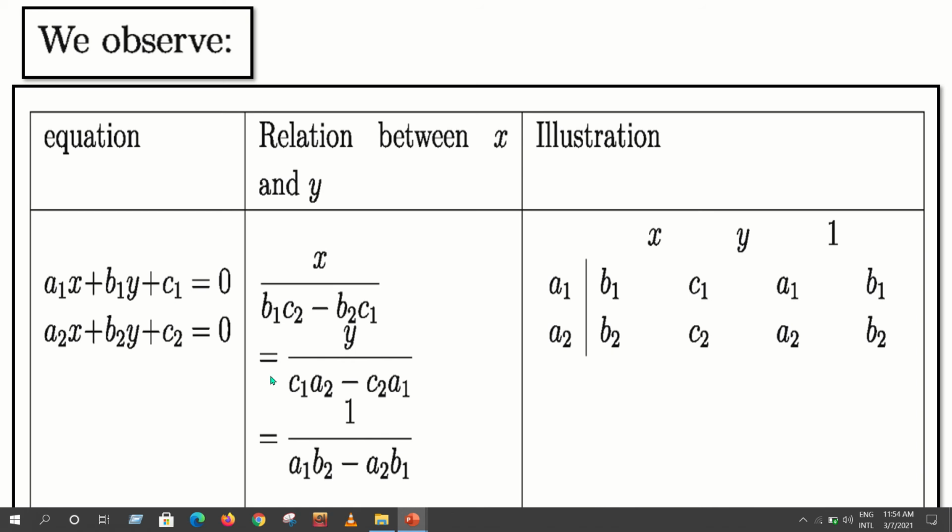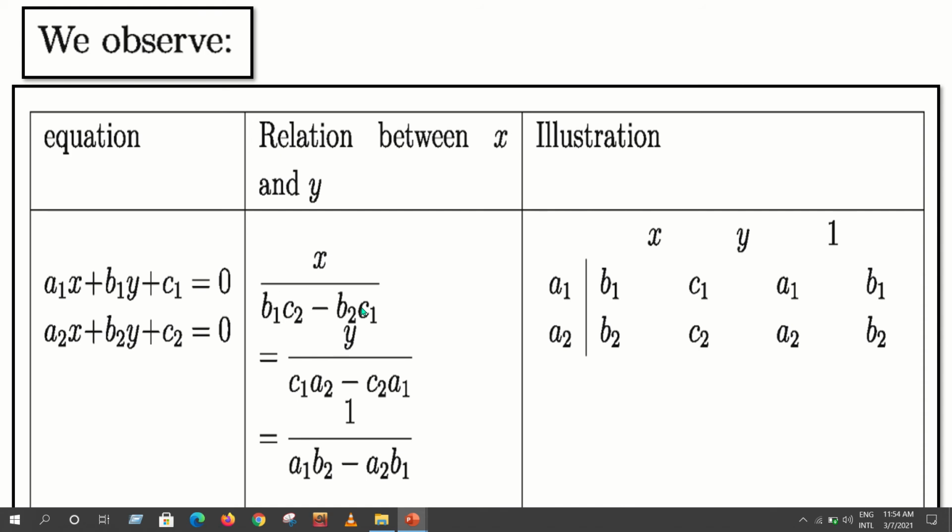And when we take y, we have to take at first from here to here, and then minus here to here. We have to omit this part. That means a2 c1, and c1 a2 is the same, minus c2 a1.